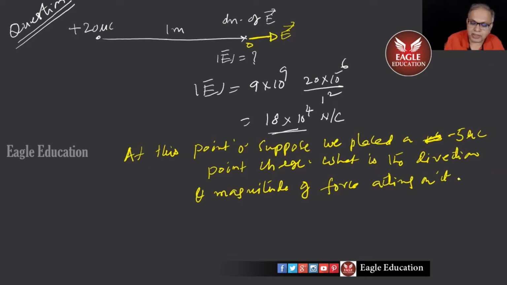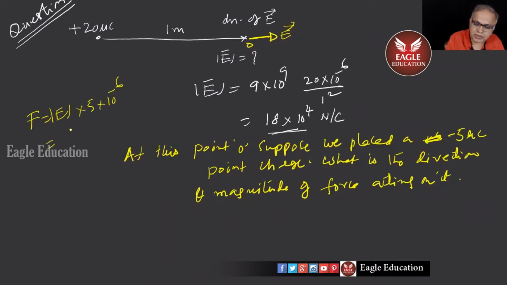So what are you doing for that, children? Force will be now. Bharat, tell me. Whatever you did, you tell me instead of giving me the answer. So I did 1 by 4 pi epsilon naught into Q1 Q2 by R square. Actually, that's going back. This is mod E into the Q. You put what is that Q? 5.